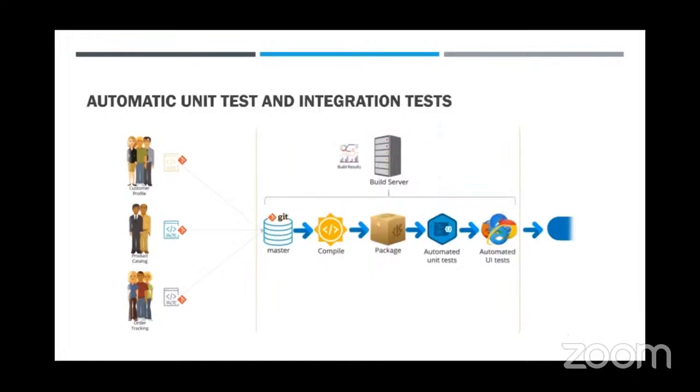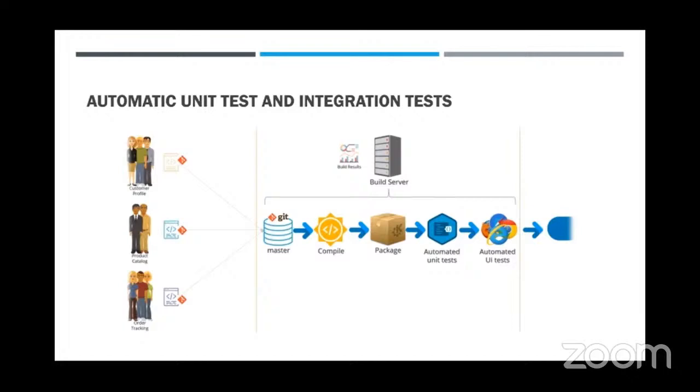In the next step, after the package is created, the code is automatically tested. All the unit tests that were developed by the developers are run, and if any test fails, the appropriate team or developer can be notified using an email. And the build stops there. It doesn't go ahead in the stages.